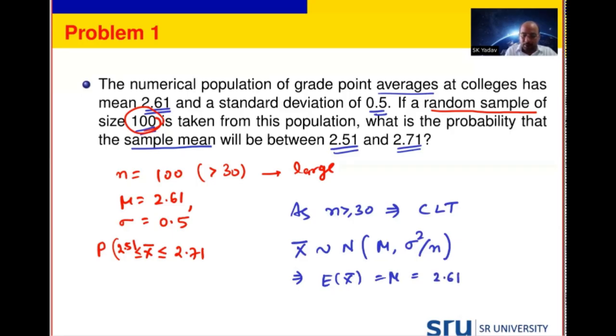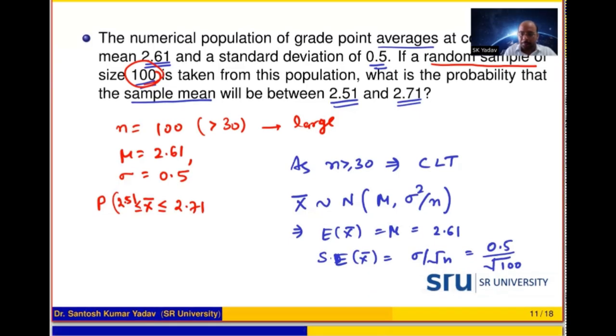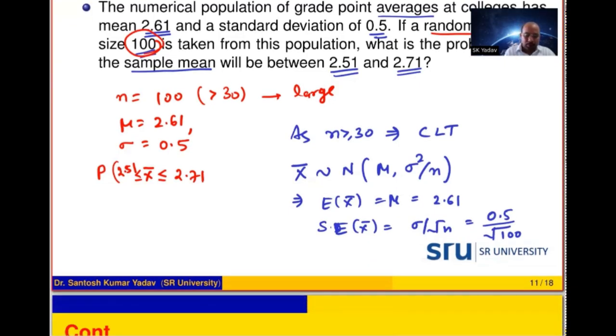What is the standard deviation or standard error of x bar? Sigma by root n, which is 0.5 by root of 100, which is 0.5 by 10, so 0.05.